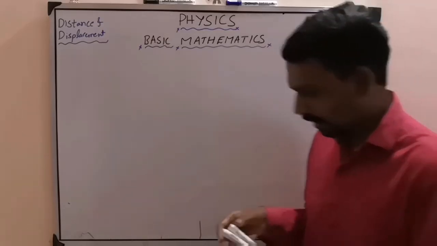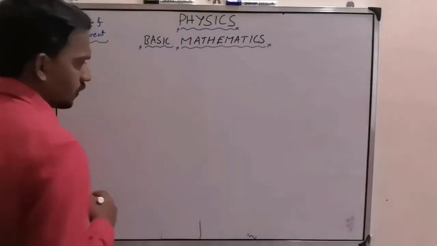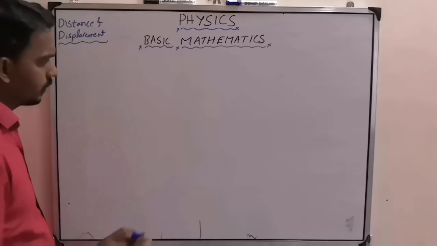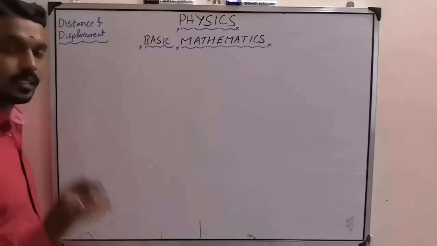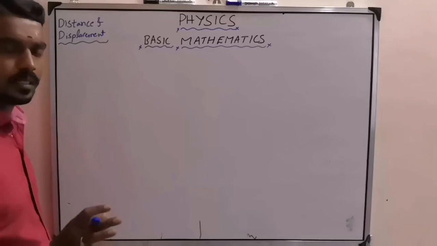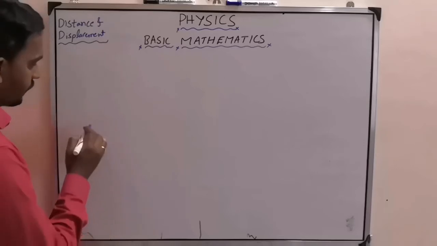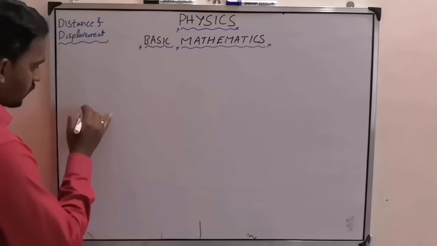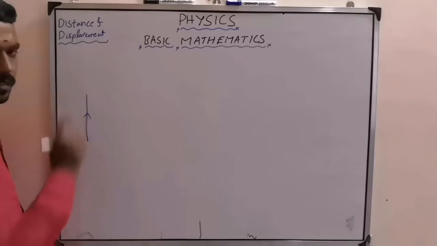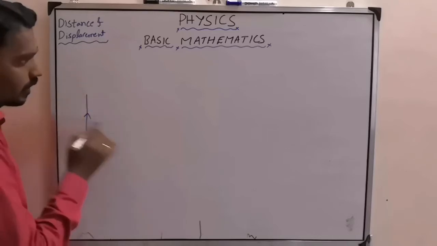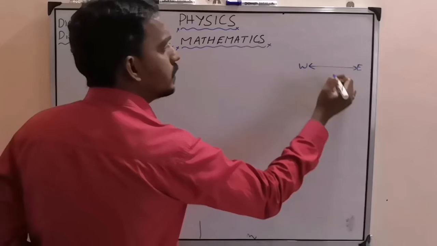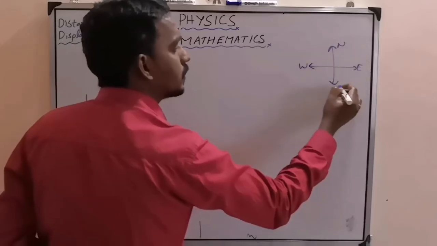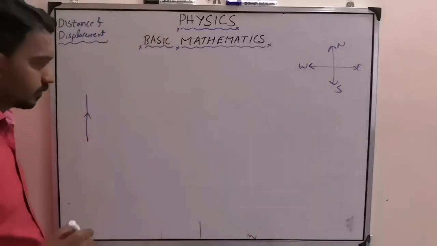Let's take a similar kind of question. Consider a particle travelled 3 meter towards north. North on the board, always take it this way: east, west, north, south.